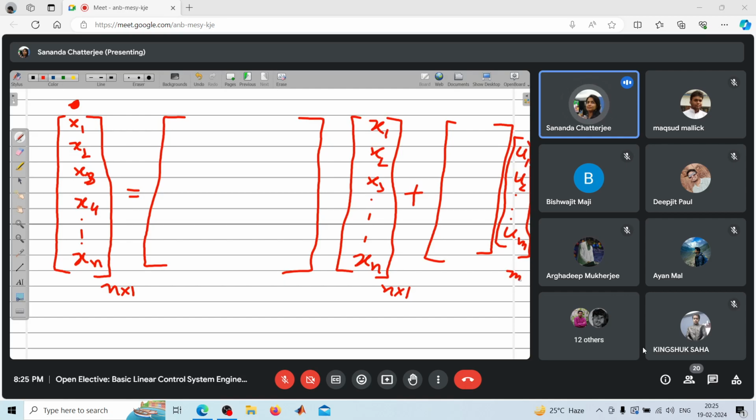So the input matrix is m cross 1. Now you tell me what will be the order of this A and B matrix. You understand the question? n cross n, and m into n.